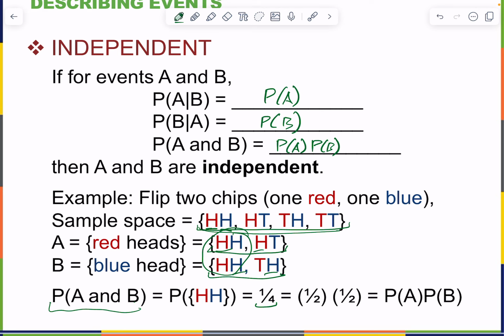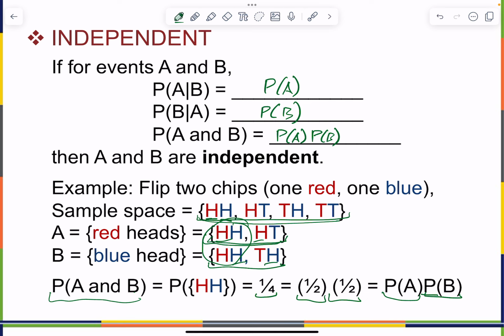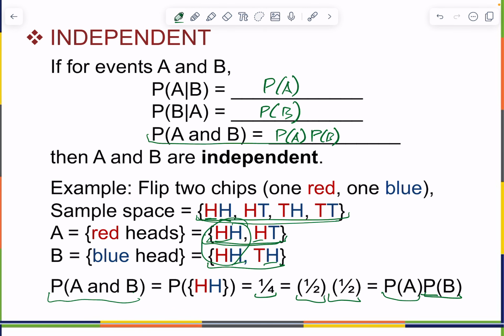You'll observe that a fourth is the same thing as 1/2 times 1/2, which is the probability of A times the probability of B. The probability of A has 2 outcomes of interest out of 4 total, so that's 1/2, and the same can be said for B. So this follows. These are independent events, because you can split up the intersection.